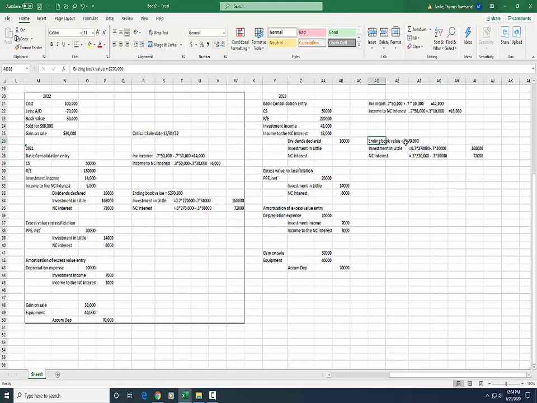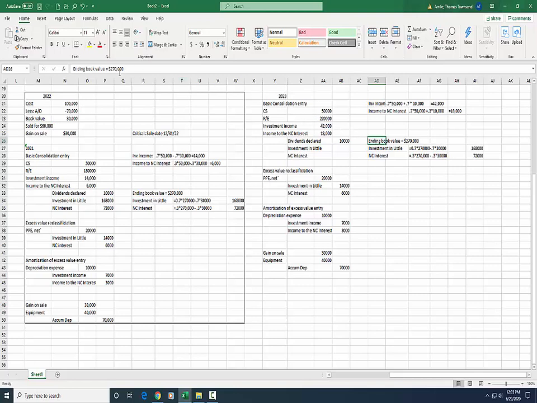The ending book value now. Again, book value, you could just look at the subsidiary's balance sheet and say, hey, look, they've got common stock and retained earnings of X and Y dollars, giving you an end-of-year total equity or total book value of Z dollars. In this case, though, basically we know that the book value is rising by $40,000 per year.